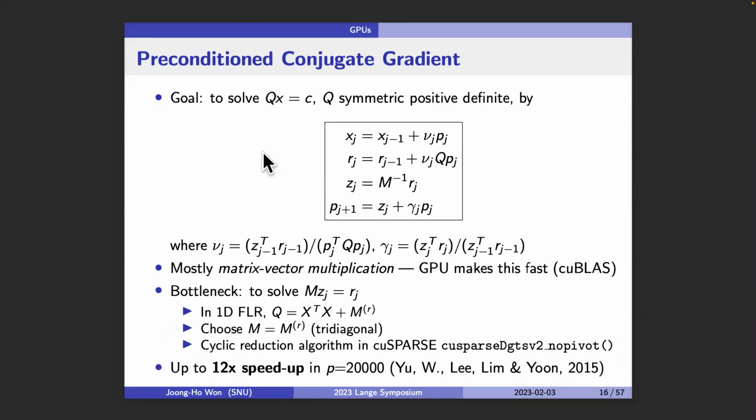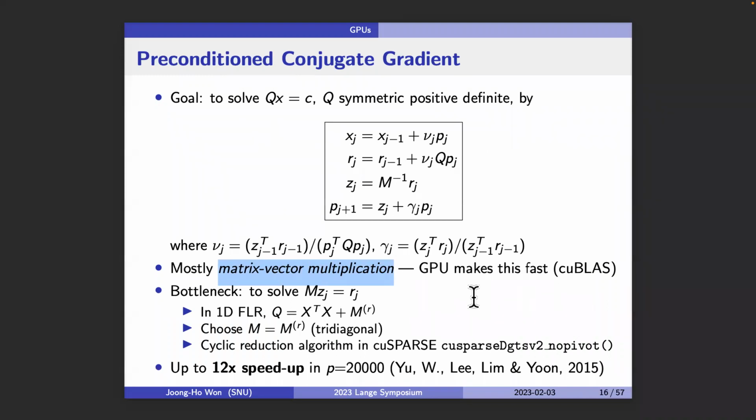And the preconditioned conjugate gradient, or PCG iteration, looks just like this. I'm not going to go into the details, but the most prominent feature of this PCG algorithm is that most of the iteration steps are made of matrix vector multiplication.